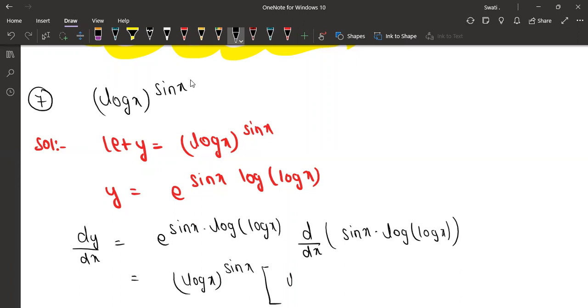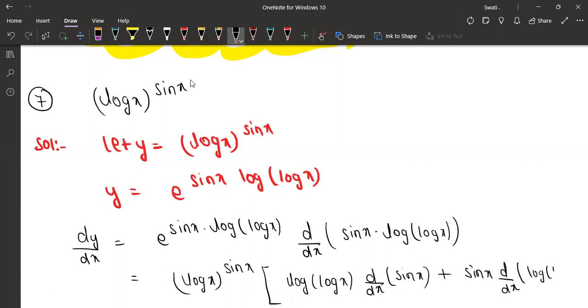So we will keep log x as it is, and we will do the derivative of sin x. If you notice the pattern properly, it's just very simple. And then we will keep sin x constant, and we will do the derivative of log x.